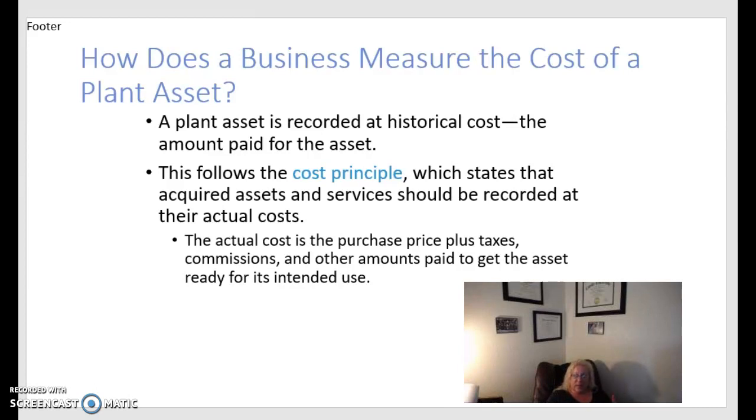That is key. You have to think about anything you had to pay for, any type of cash outlay you had to make, in order to get the asset ready for its intended use. Those costs are included in the cost of the asset.